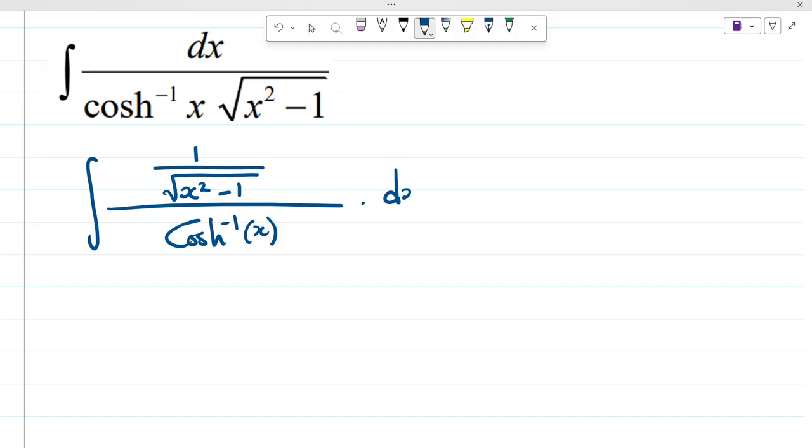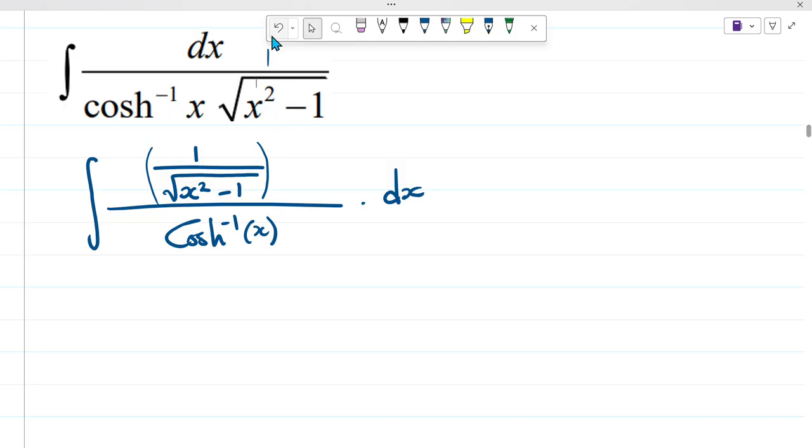Of course, I shouldn't forget my dx. So what did I do now? I took out the square root of x squared minus 1. I took it up. When you take it up, it goes with that 1 that is here, because initially we have a 1 here. So it lifts that 1 up.